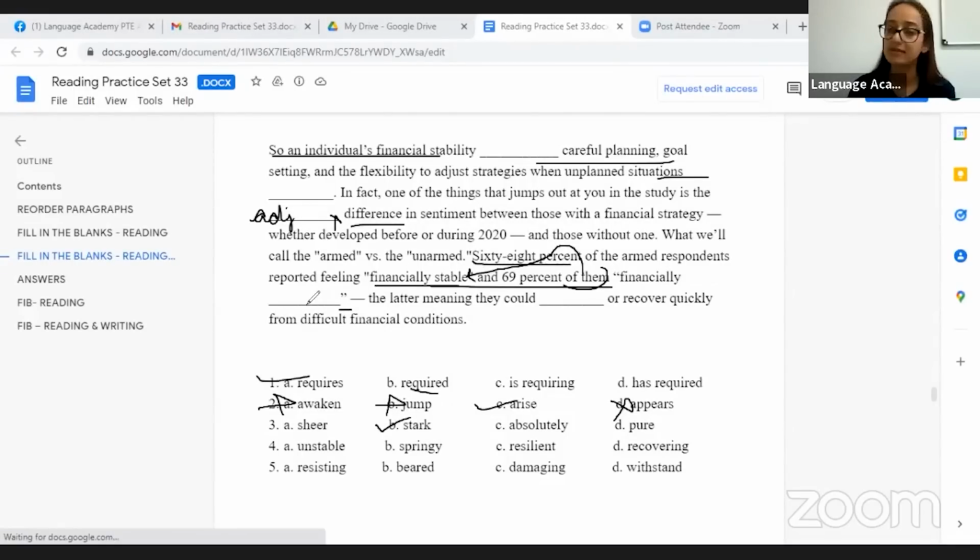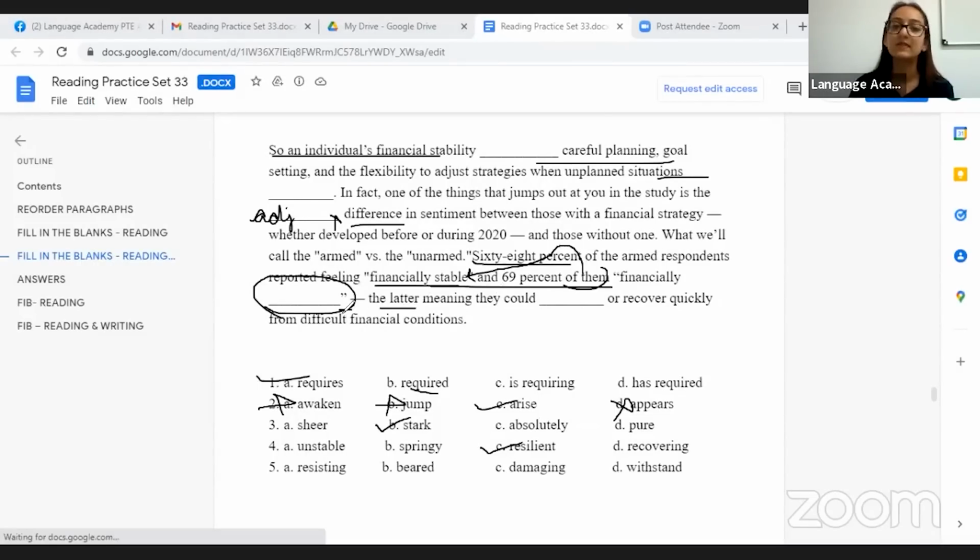Even if we don't understand this, they say the latter, meaning they could recover quickly from difficult conditions. So this word means they would recover quickly, and we are writing unstable. A financially unstable person means that he can recover quickly? So the answer was resilient, financially resilient.